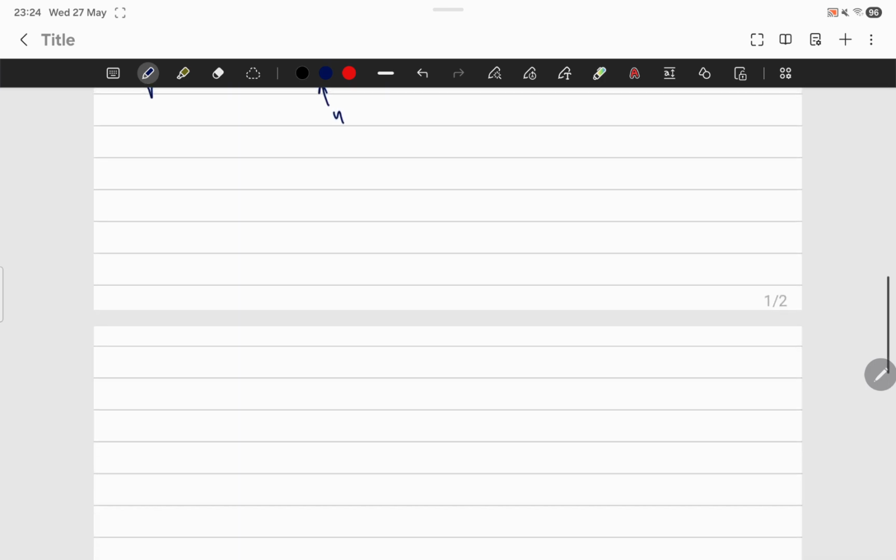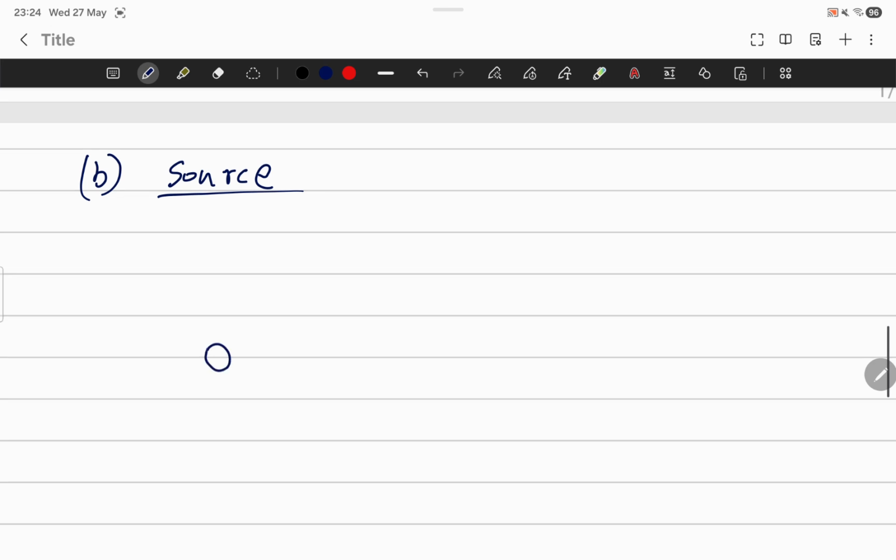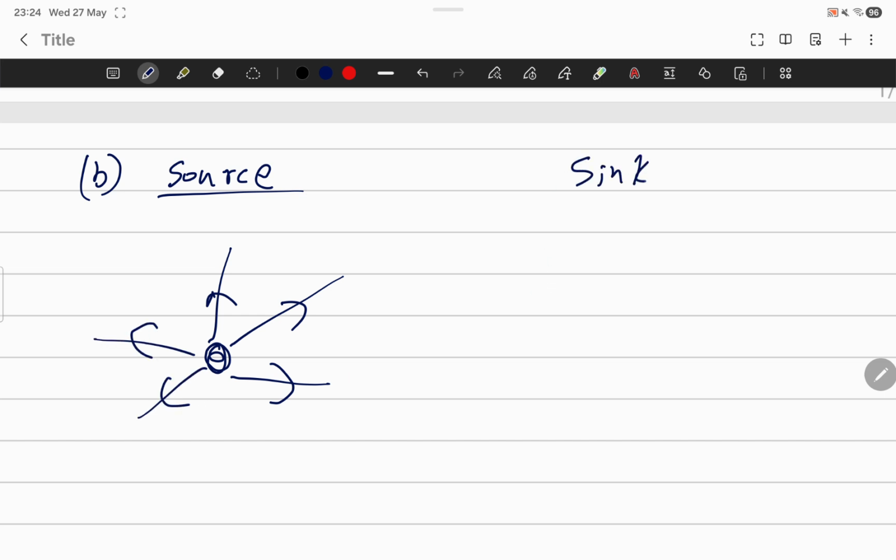So let's consider a source or sink, right? Let's say it is a source. So if it is a source, it creates flow to the outside. If it is a sink, it takes the flow into the origin, right?